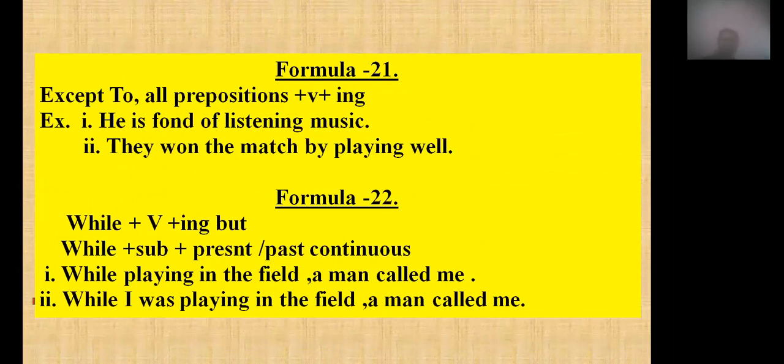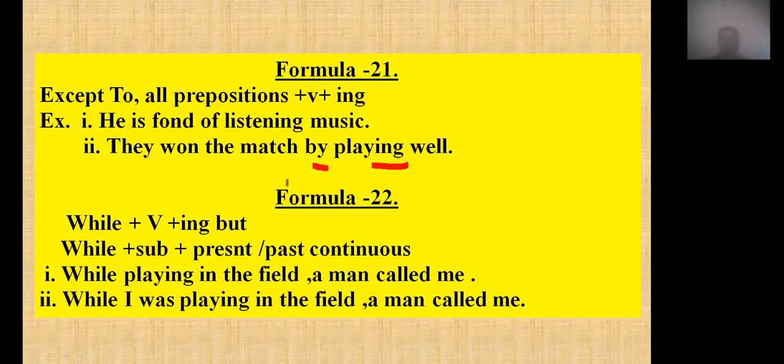You know, before we got that after to the verb will be present, but after all kinds of prepositions except to, the verb will be in ing form. He is fond of listening to music. They won the match by playing well. Here by is a preposition, right? After by is a preposition, the verb is added in ing form.